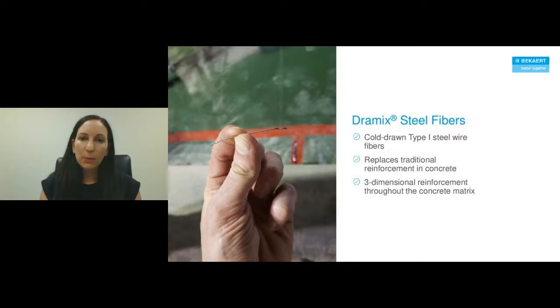What a type 1 fiber means is that it is cold drawn and that it is an engineered product. So this is something that most often will contribute to post-crack flexural performance, improved shear, and other types of structural contributions as well. It can replace traditional reinforcement in concrete, and it does provide a three-dimensional reinforcement throughout the section matrix.